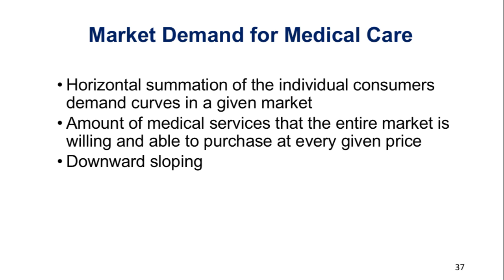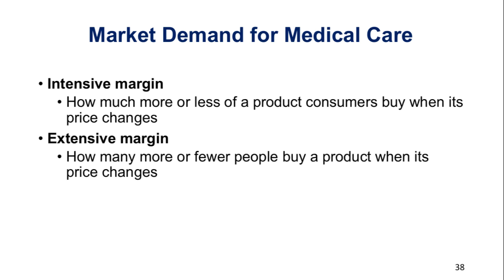So you have to count the number of patients specifically demanding that type of treatment in the period of time. So it is the amount of medical services that the entire market is willing and able to purchase at every given price, and like any regular demand curve, it is downward sloping: as the price decreases, the market demand increases.